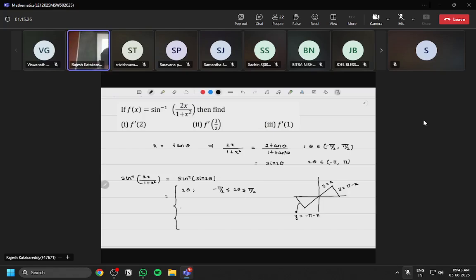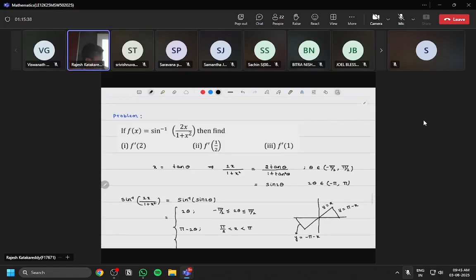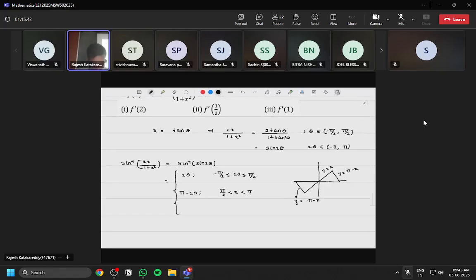And I will write pi minus 2 theta when pi by 2 is less than x less than pi. Pi is not there in the actual domain of 2 theta, open bracket. Right, now the last one is minus pi minus 2 theta, when I can say here it is minus pi less than 2 theta less than minus pi by 2.